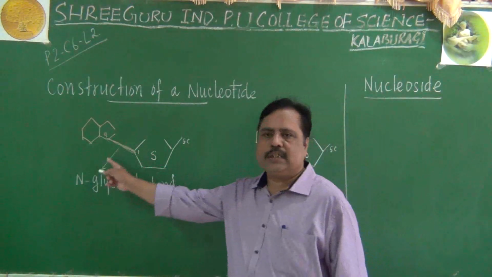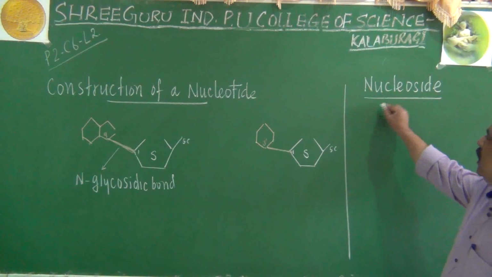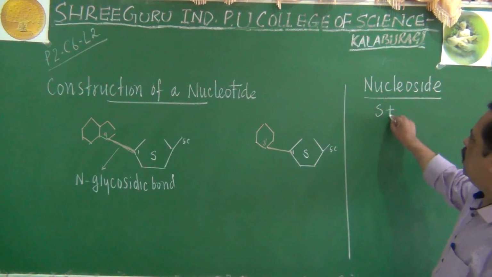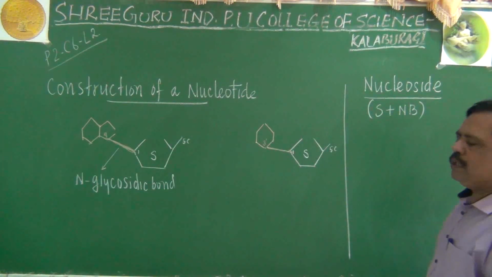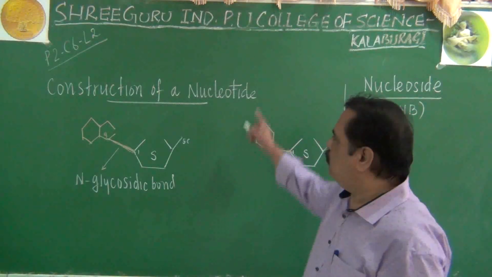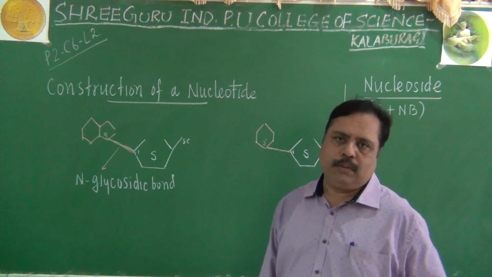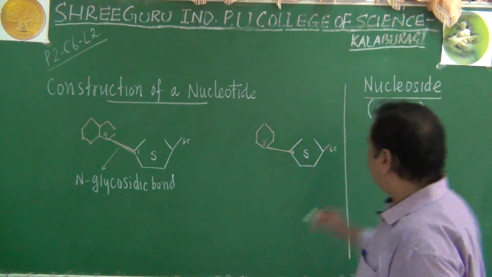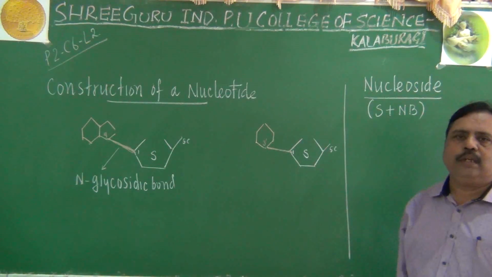Only two components are there. So what is a nucleoside? A nucleoside will have one sugar molecule and one nitrogenous base in it without phosphoric acid. Nucleotide minus phosphoric acid is called nucleoside, remember. Otherwise, nucleoside is made up of sugar and nitrogenous base only.